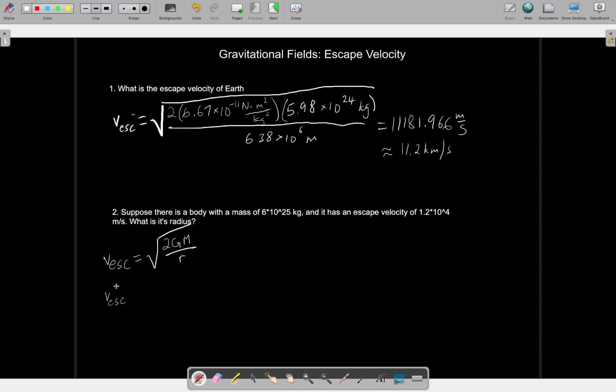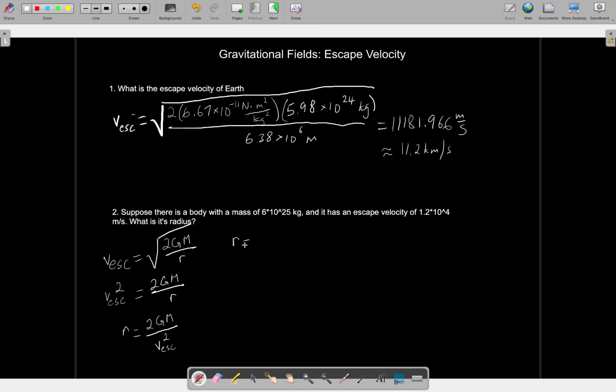So v escape squared is equal to 2GM over r. We have to solve for the radius, right? Since it's in a cross multiplication configuration, we can just swap the r and the v escape squared. R is equal to 2GM over v escape squared.